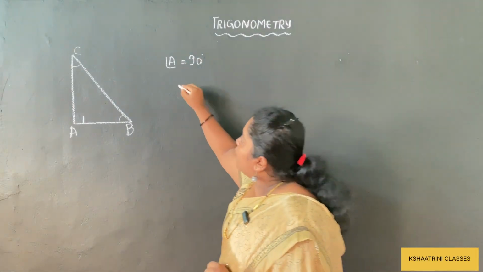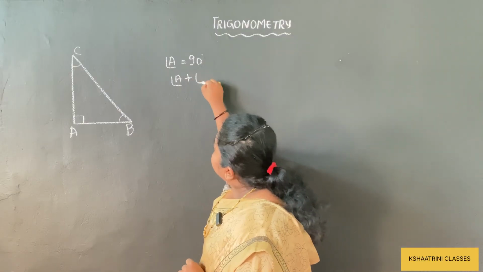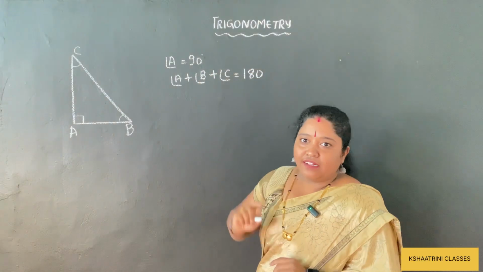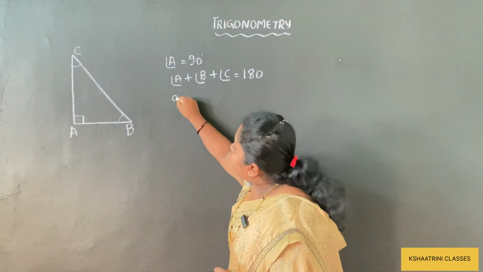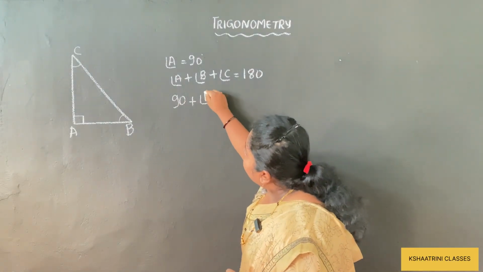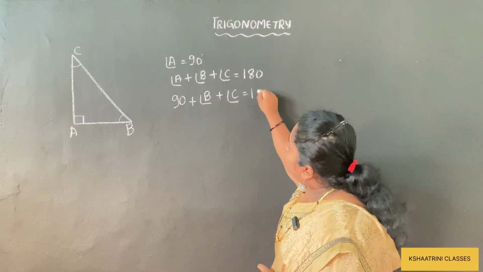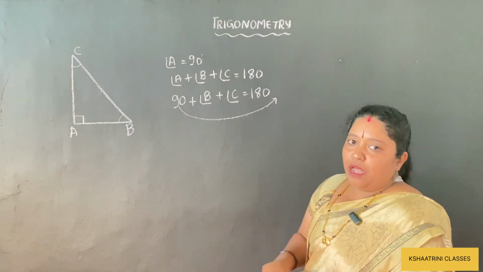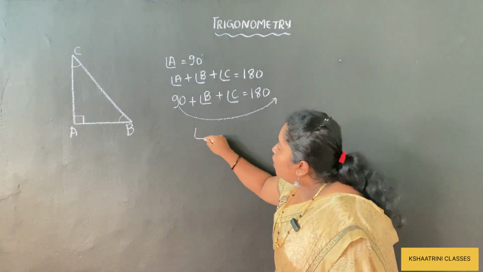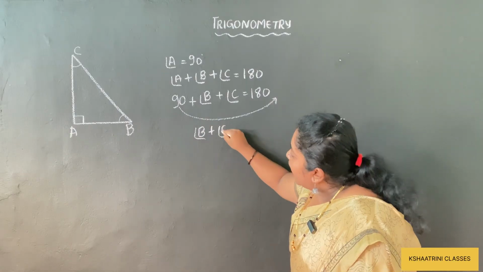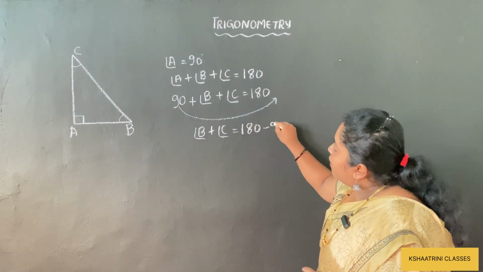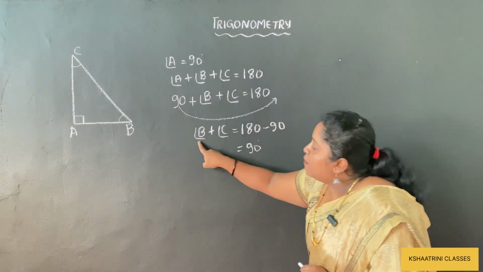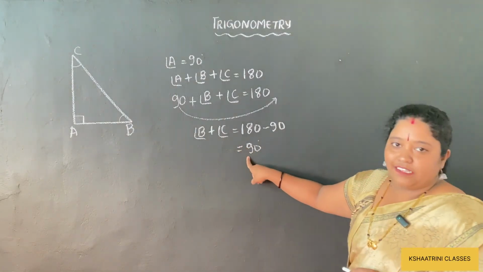According to the angle sum property, angle A plus angle B plus angle C is equal to 180 degrees. Since angle A is 90 degrees, if I bring this 90 degrees to the other side, plus turns to minus, so angle B plus angle C is equal to 180 minus 90, that is 90. That means the sum of angle B and angle C is equal to 90 degrees.